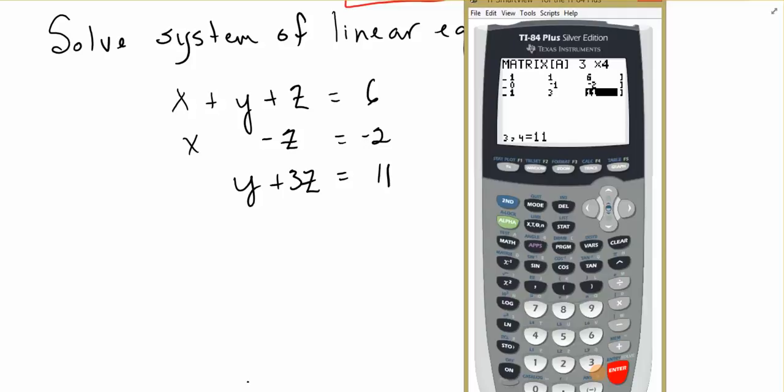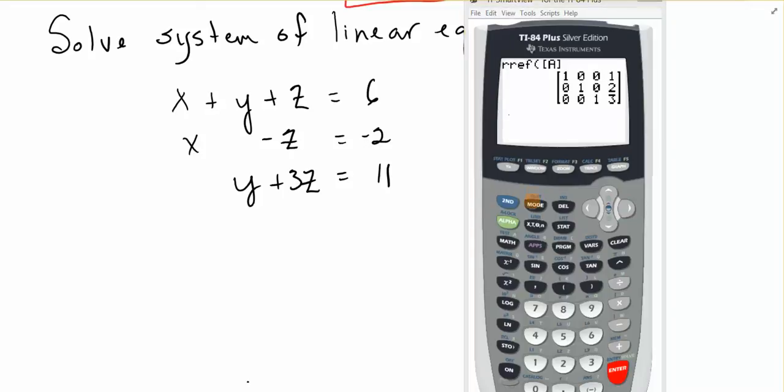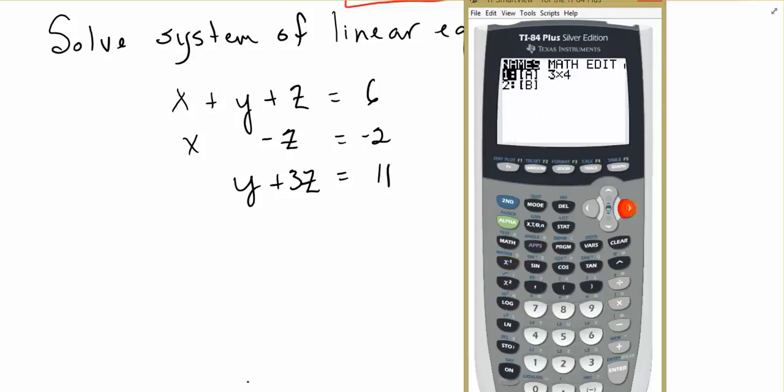All right, let's do second quit, which is second and the mode key, so that we're out of that. We're going to go back in, second matrix, over to math. Okay, so let's go back into matrix and over to edit, and let's just check your numbers and make sure you have them in all correctly.